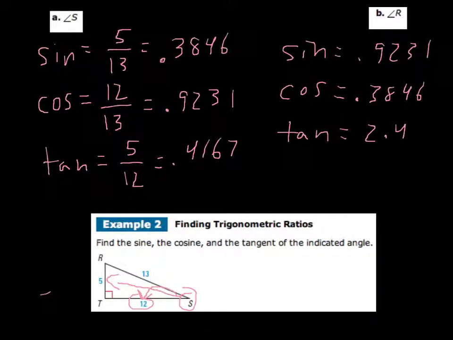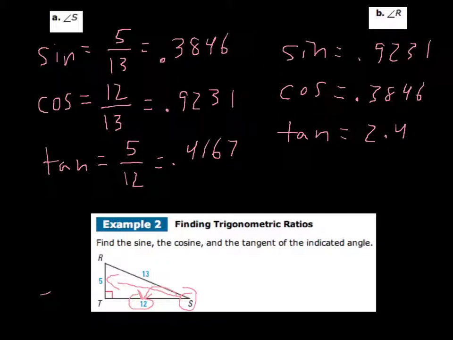Because I was a little short for space on the right side, I merely have the sine, cosine, and tangent evaluated by decimal only. If you take a look now, on our angle S, our sine function is opposite over hypotenuse. What is opposite angle S is adjacent for angle R. So 5 is the opposite side for angle S, but the adjacent side for angle R. So what's the sine function for one angle is the cosine function for the other.